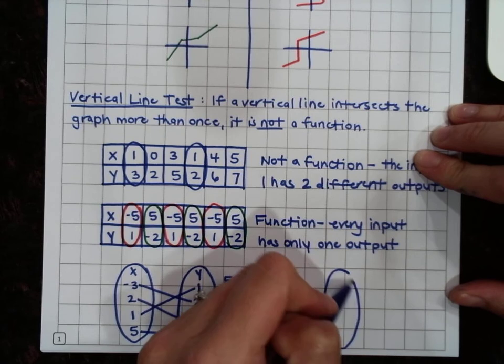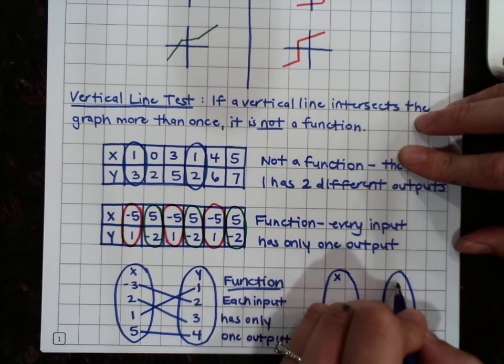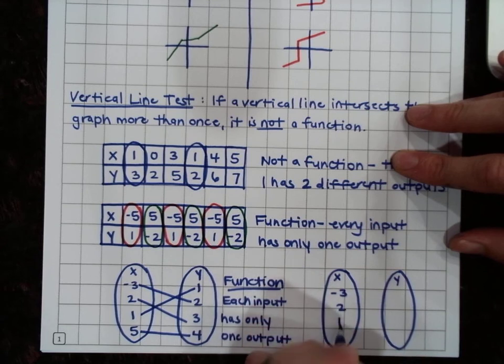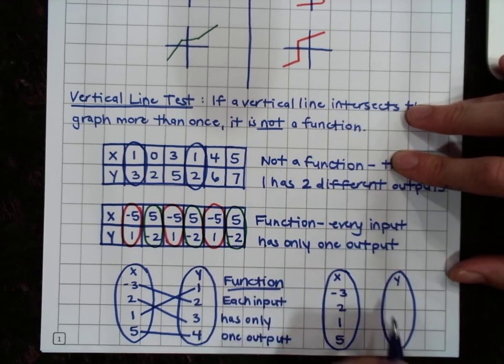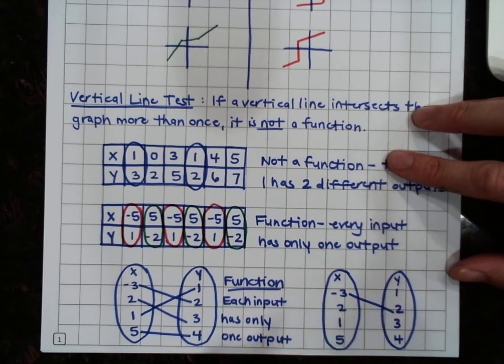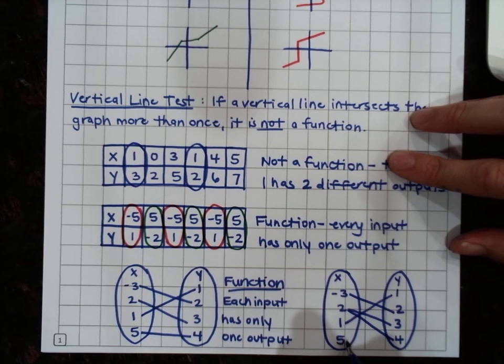Let's do another one. So -3 goes to -2, -2 goes to 3, but 2 also goes to 4, and 1 goes to 1, and 5 goes to 1 as well.